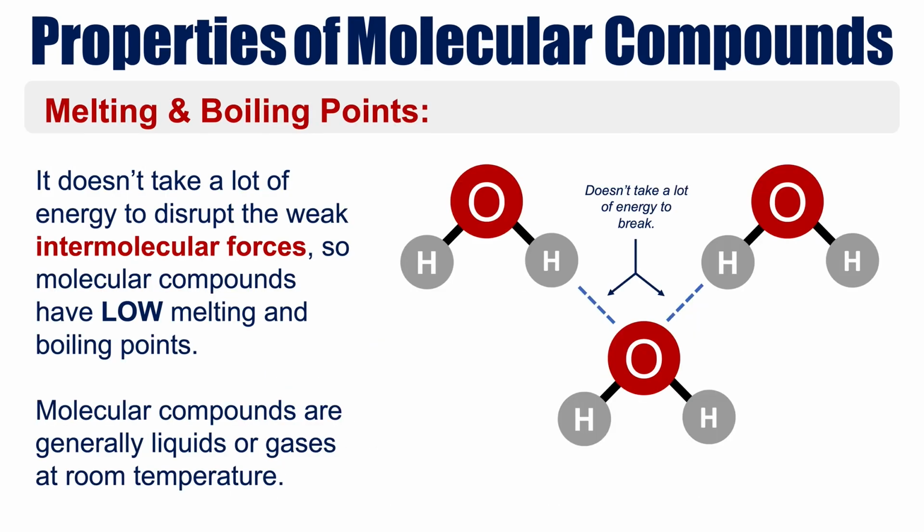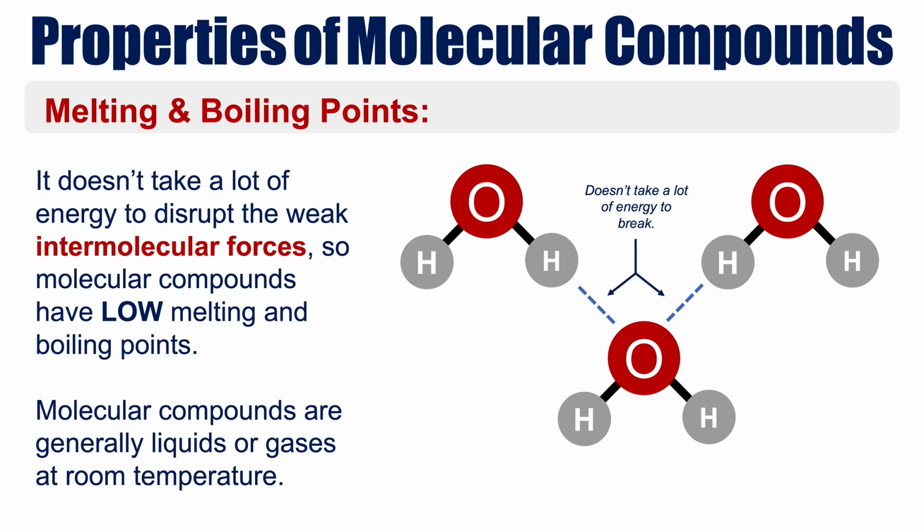It doesn't take a lot of energy to disrupt the weak intermolecular forces that hold all of the molecules interacting with each other. So molecular compounds generally have low melting points and low boiling points.